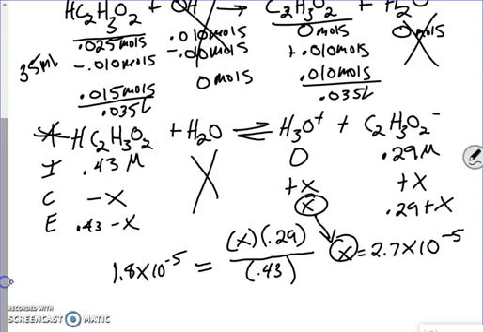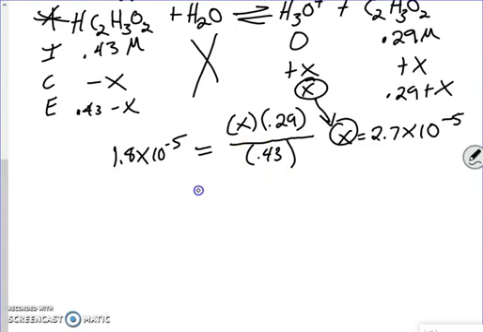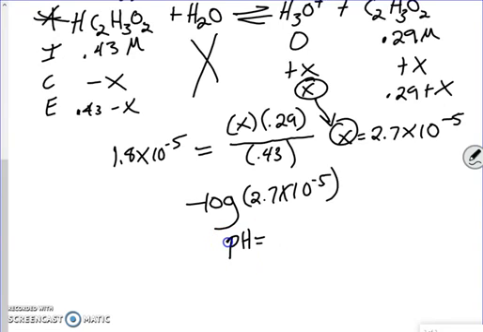So all we have to do from here is take the negative log of it to get pH. So negative log of 2.7 times 10 to the negative 5th. And again, if we look at our exponent, we're expecting something between 5 and 4. So what we actually get when we calculate this is our pH at this in-between point, not really a midpoint, but in-between point, is going to be 4.57.